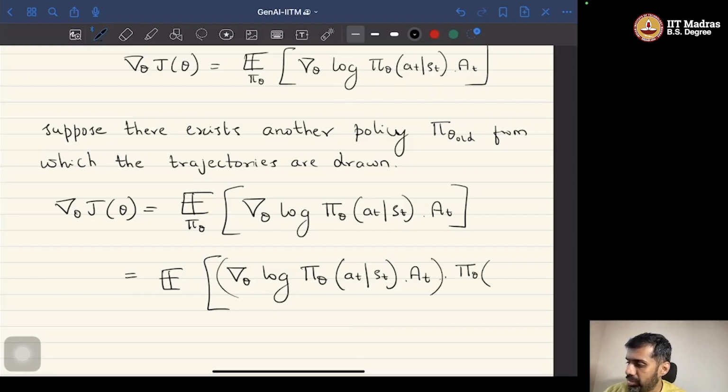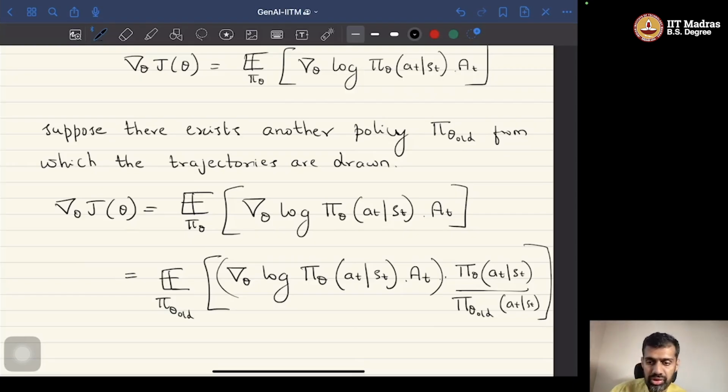This is what importance sampling showed us. So now the outer expectation is with respect to pi theta old.